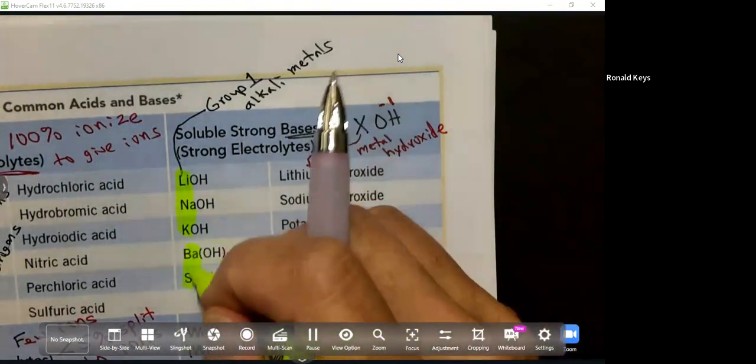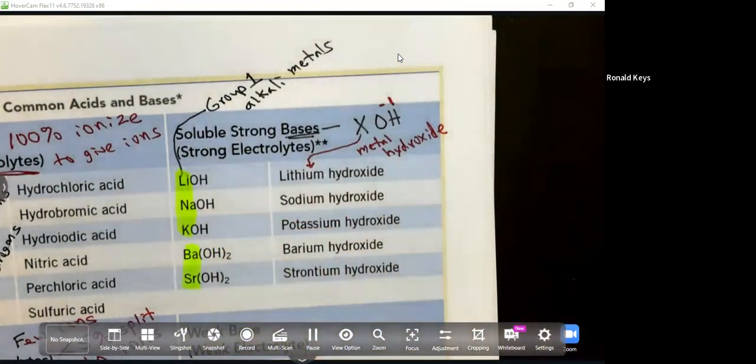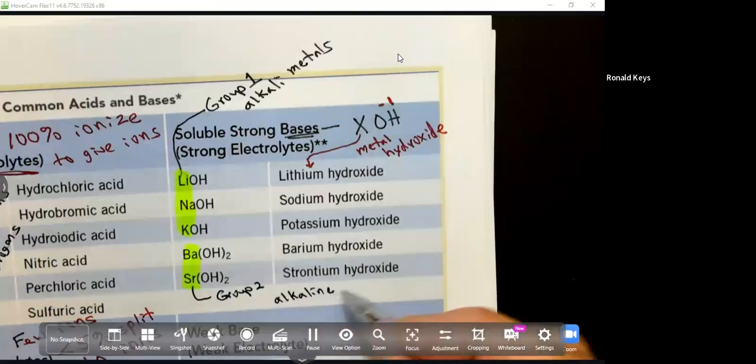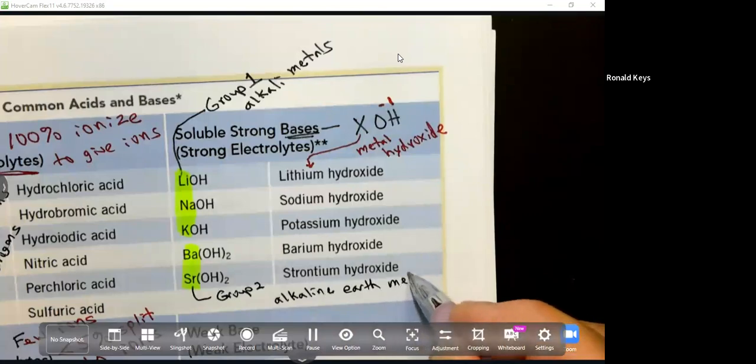Then barium and strontium are group 2, right? Alkaline earth metals.